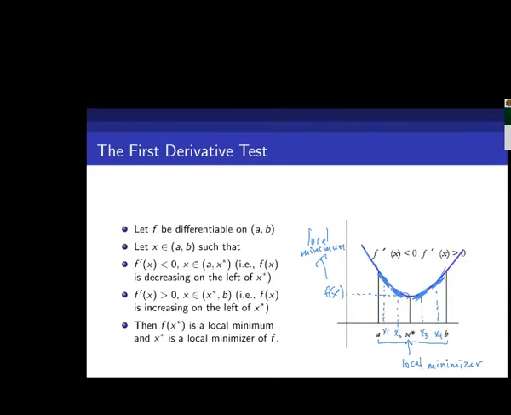So in contrast with the example earlier, points to the left of x star will yield a negatively sloped tangent line, and points to the right of x star will yield a positively sloped tangent line. Then x star is a local minimizer, and the value at x star, f of x star, is a local minimum.